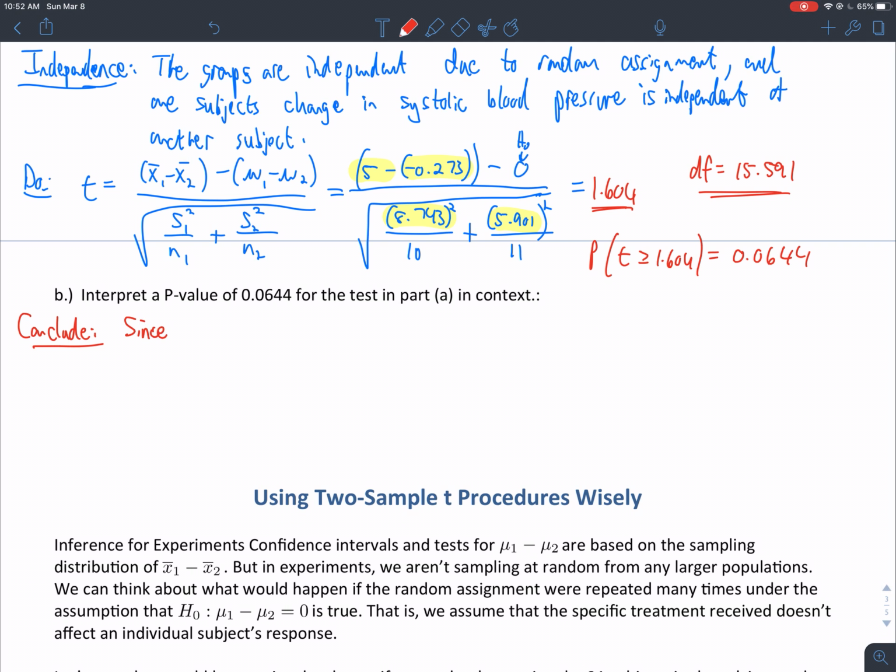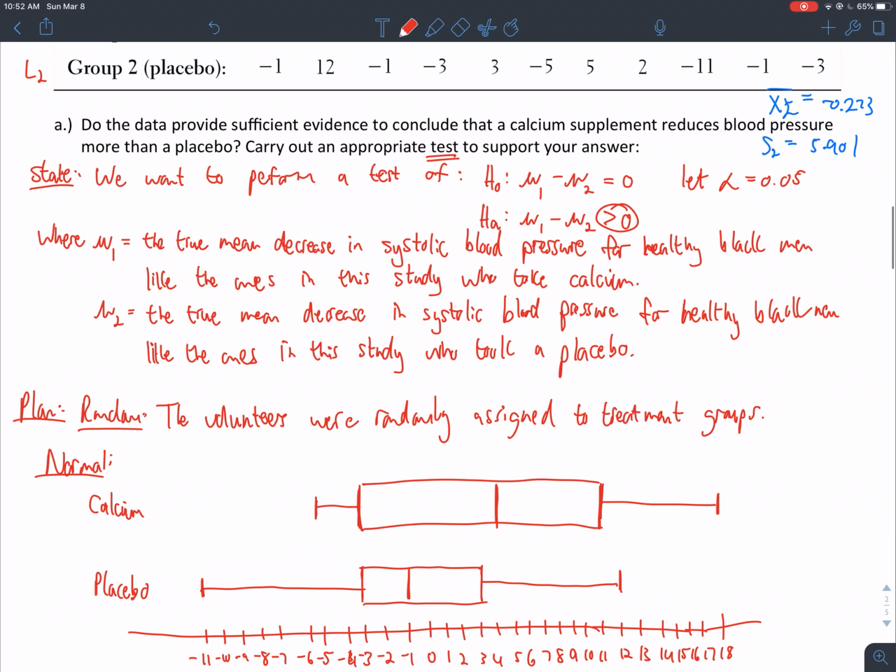Since the p-value, which equals 0.0644, is greater than my significance level, which is 0.05, okay, we fail to reject the null hypothesis, okay? So if I don't reject the null hypothesis, then I don't have sufficient evidence to conclude that there is a difference, okay?